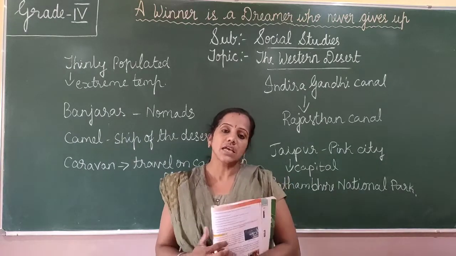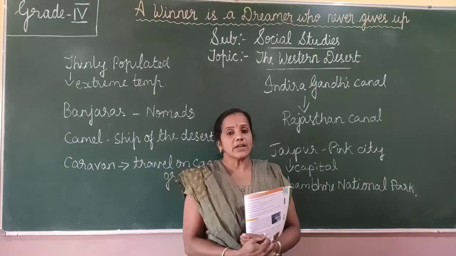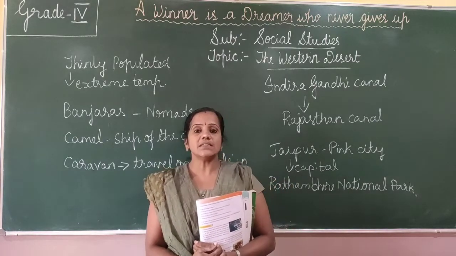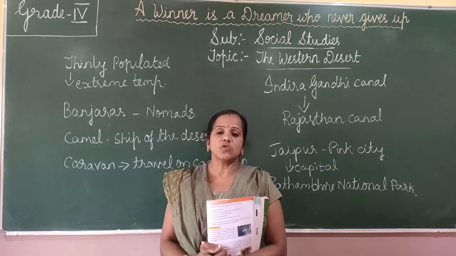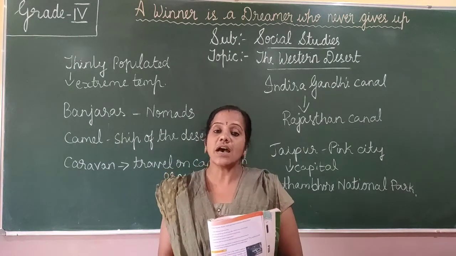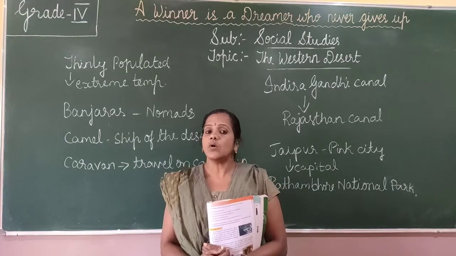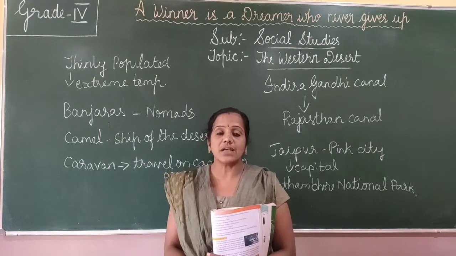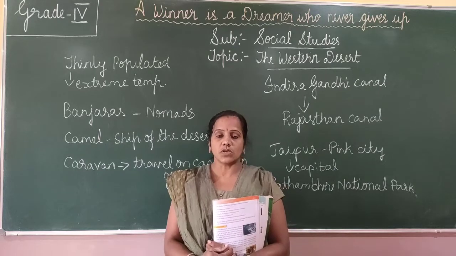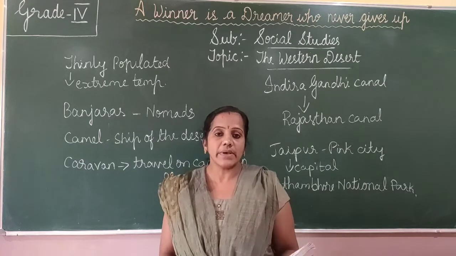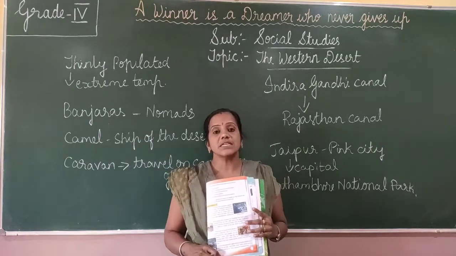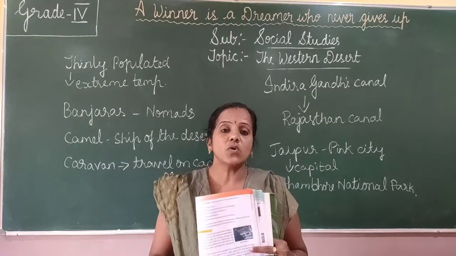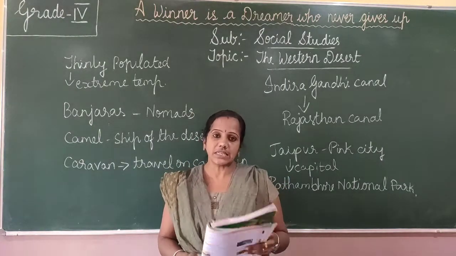Around this oasis the land is very fertile and they can grow crops. Most of the villages are situated near the oasis because they get water and can grow crops like maize, jowar, bajra, gram. Even trees like date palms are grown nearby.